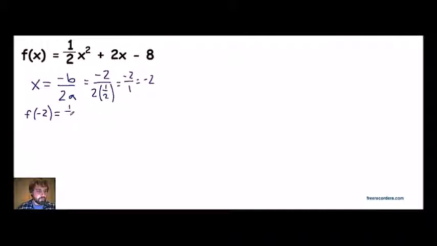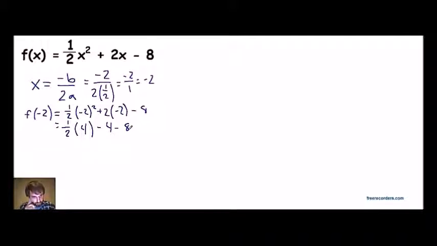So we're going to find f of negative 2. We'll end up with 1/2 of negative 2 squared plus 2 times our negative 2 minus our 8. So we'll end up with 1/2 of 4 minus 4 minus 8.